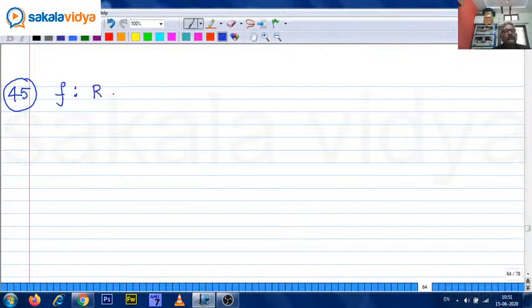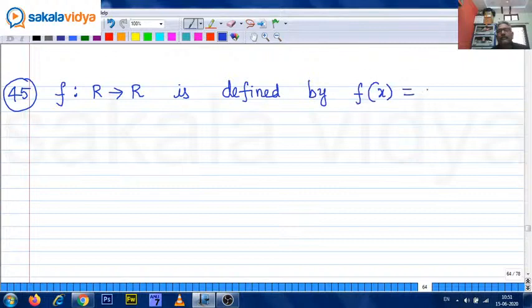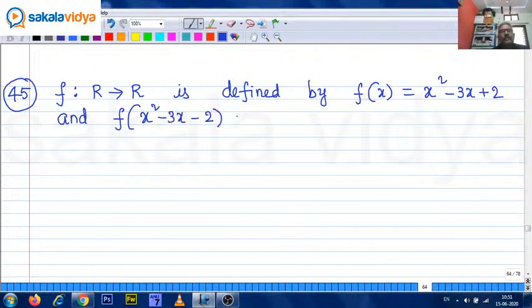f maps R to R is defined by f of x equals x square minus 3x plus 2, and f of x square minus 3x minus 2 equals ax to the power of 4 plus bx cube plus cx square plus dx plus e.